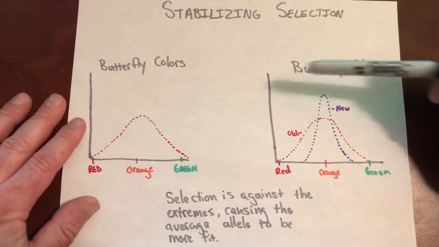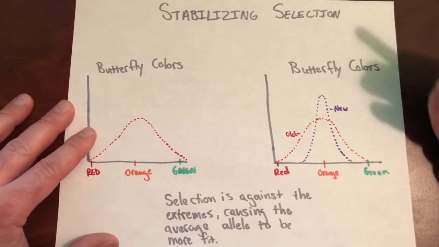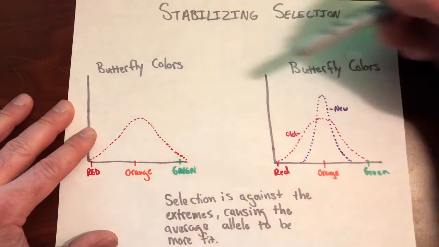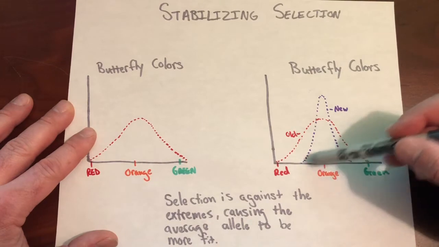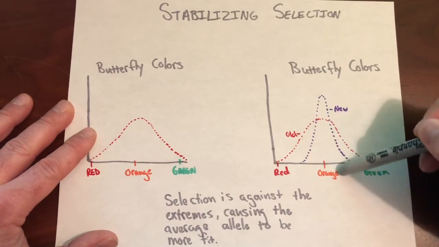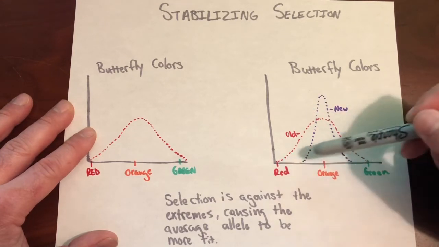okay? Now, let's say some time goes by, because remember, evolution is a change in time, and we're looking at this population change. This is what it was before, and now look what's happening now. We've got this new population change you see here in the middle, and we see a spike in the orange being really favored. And what do you notice about the old versus the new data?